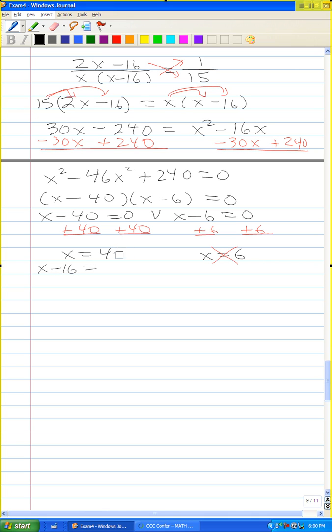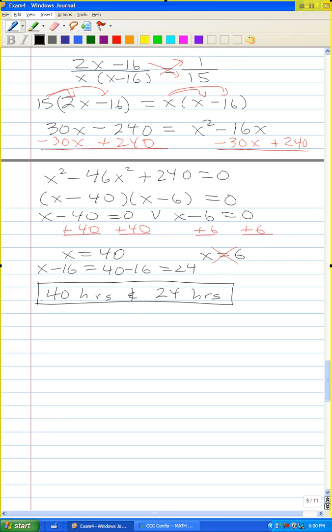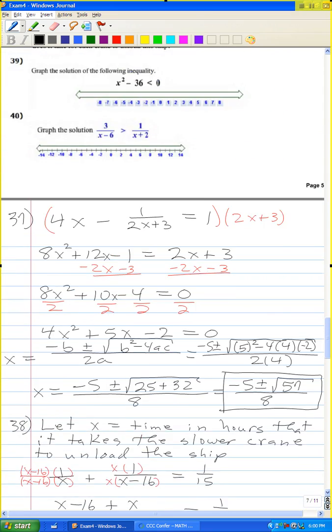And so 40 minus 16 is 24. And so one does it in 40 hours and the other in 24 hours. And that's your answer.